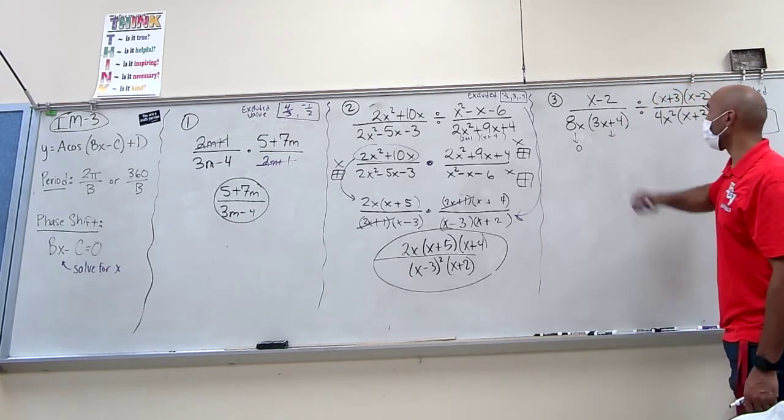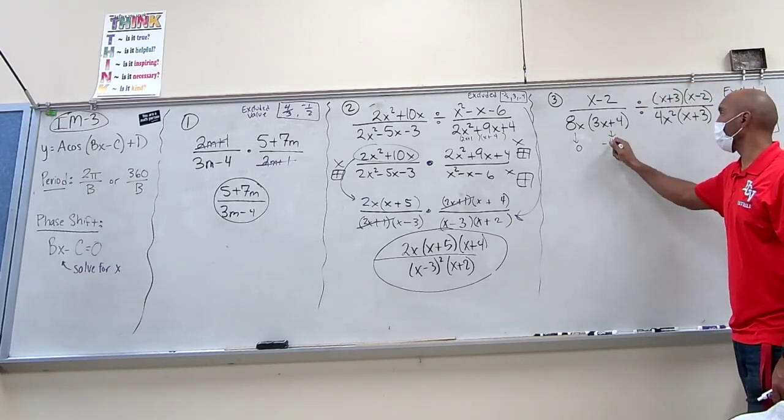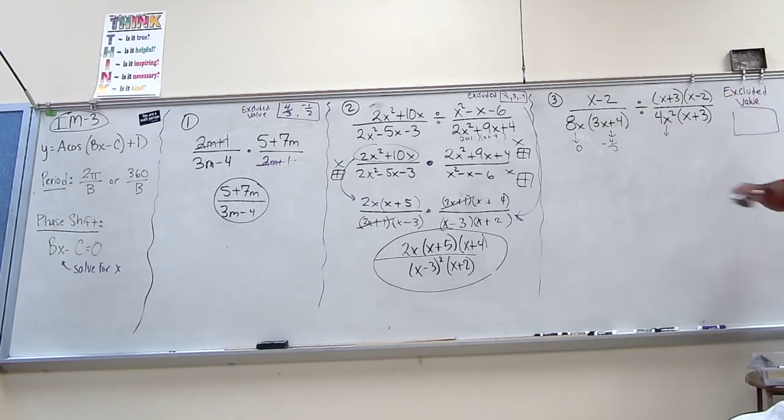How about from here? Negative 4 over 3. How about from 4 times x squared? 0 again. How about from here? Negative 3. So I got 2 zeros, so I don't have to repeat that. Negative 4 over 3 and negative 3.